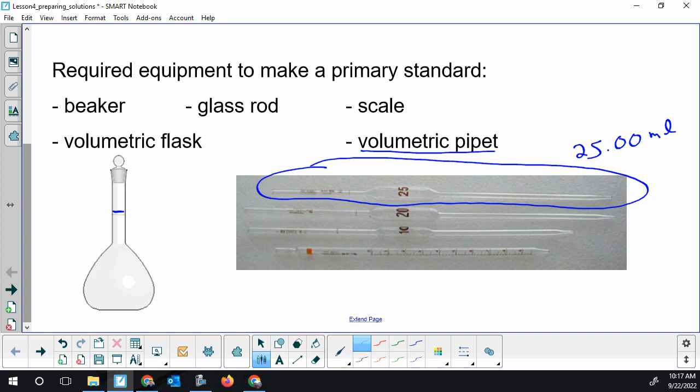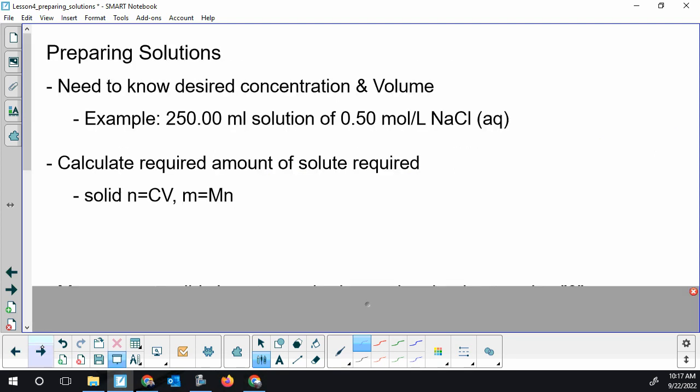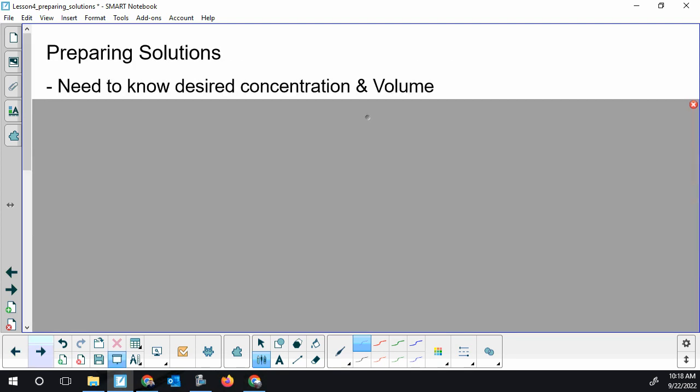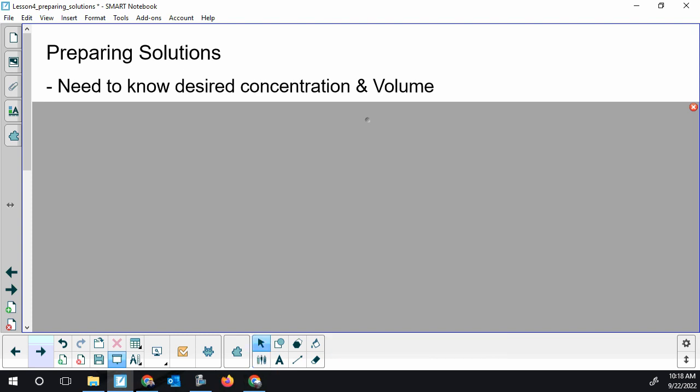So let's go through the steps. How do you make up a solution? You don't lose any. You keep a high degree of precision. When you're making up a solution, you have to know how much you want to make up. So what size volumetric flask do you have? You can pick any number.